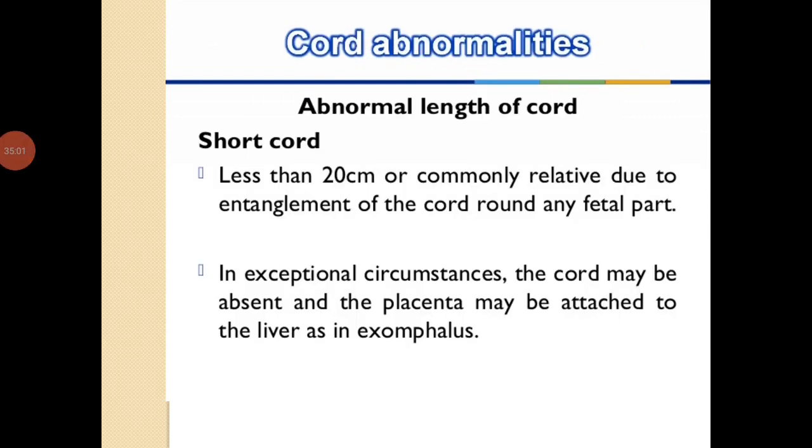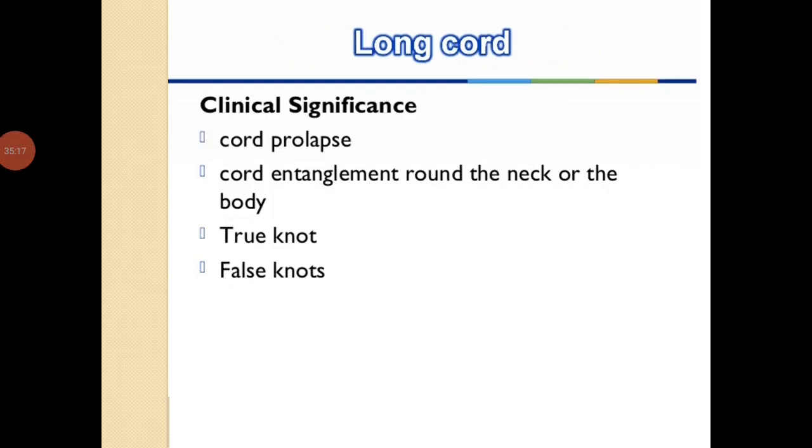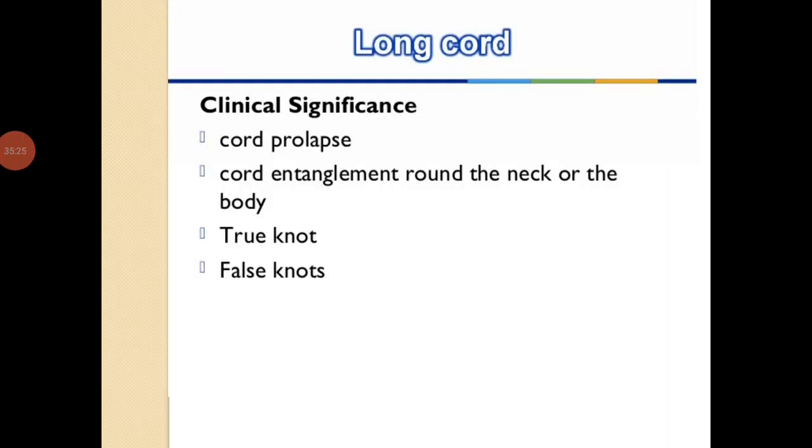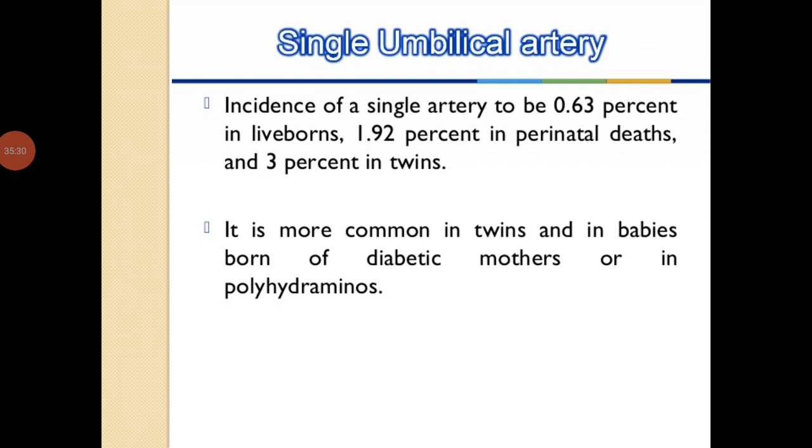After that, we have discussed the cord abnormalities. In that, short cord, where the length of cord will be less than 20 to 30 centimeter. Then long cord, where the cord will be more than 70 to 80 centimeter. Next, single umbilical artery, where there will be presence of only two blood vessels in one umbilical cord.